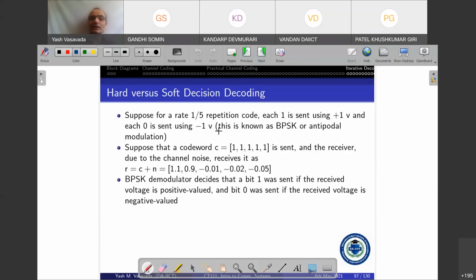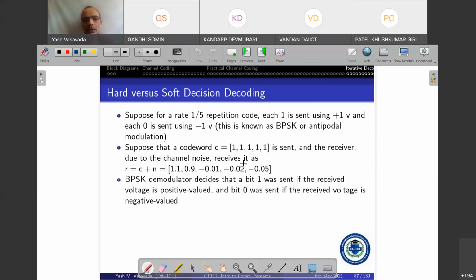What matters is the received power over the noise power. So for simplicity, we'll say that 1 is sent using 1 volt, 0 is sent using minus 1 volt.